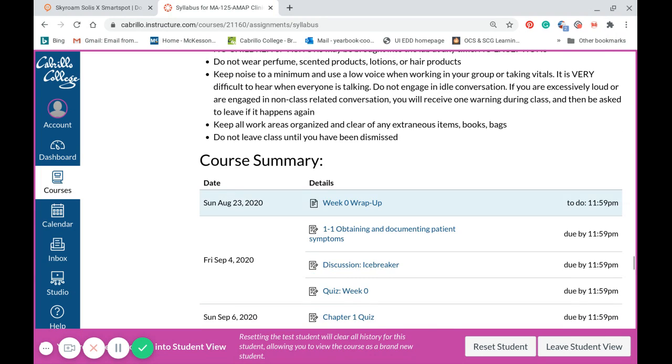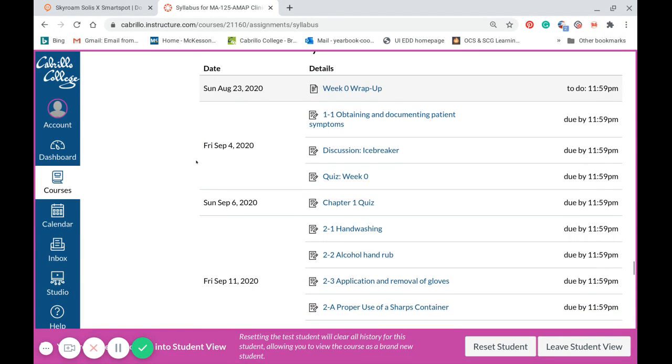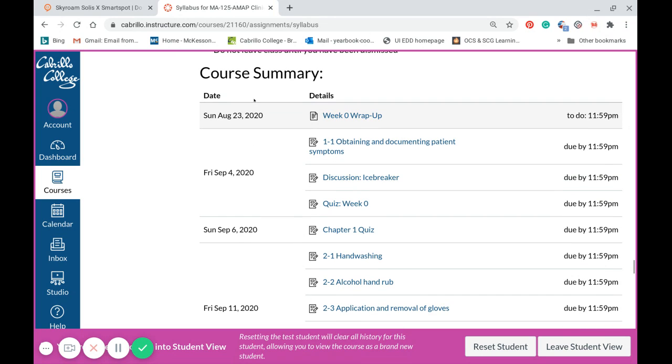Okay. So also underneath the syllabus is the course summary by due date. And the dates have been updated, it looks like, except for the week 0 wrap up. You should have the orientation module completed by this Sunday evening, which is the 30th of August, right?